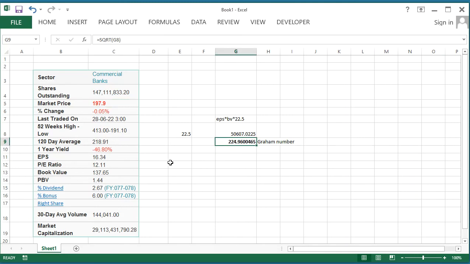So over here it's just the opposite: 224 is higher, so Graham's number is higher than the market price. So what it means is that this is a good company to invest in, fundamentally. I'm talking about fundamentals.